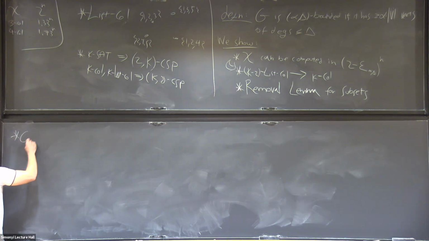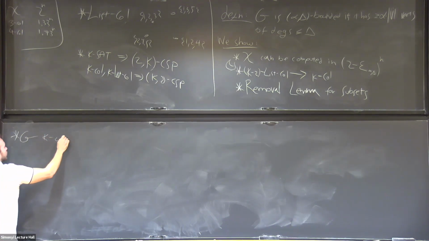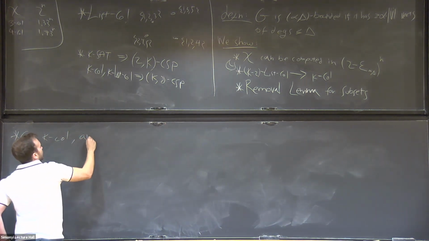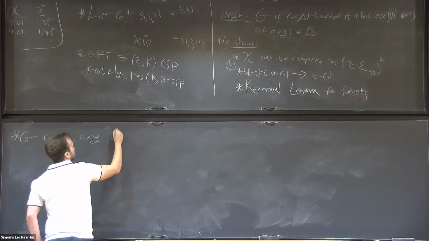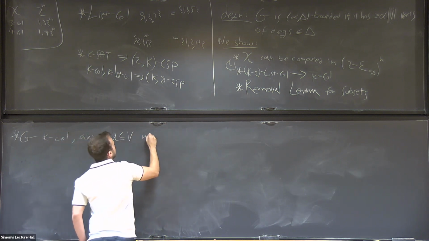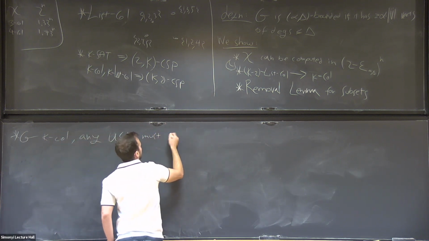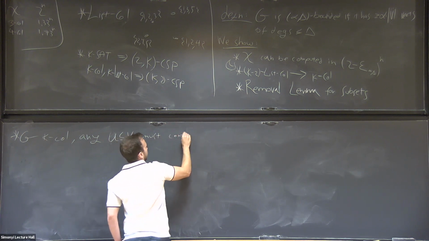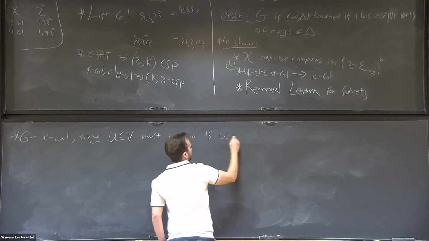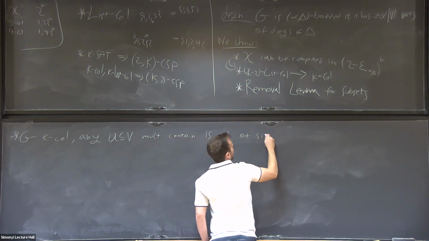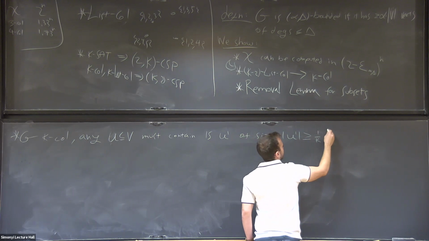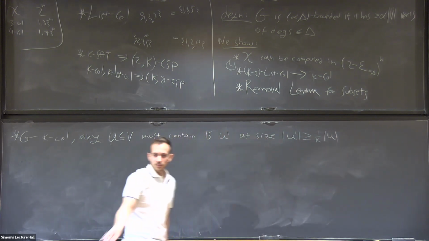If I have a graph that is K colorable, then any subset of vertices, let's call it U, must contain a large independent set, let's call it U prime, of size at least a 1 over K fraction of U. Why is that?